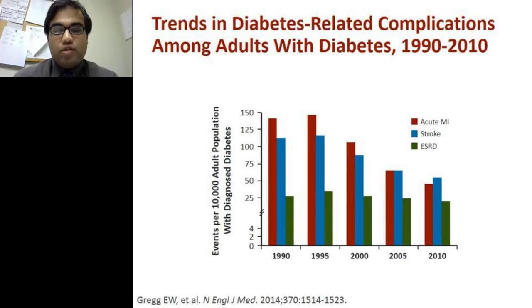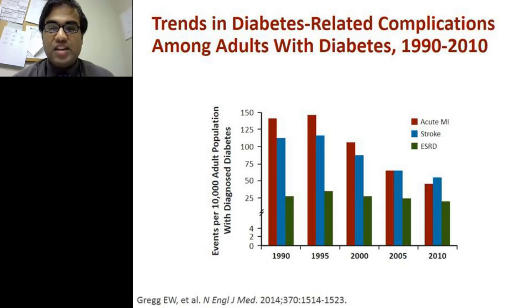Crucial part of treating diabetes is prevention of complications. And this is a slide from a couple of years ago by Gregg et al. in the New England Journal of Medicine, where they looked at trends in diabetes-related complications among adults with diabetes for at least the last 20 years.